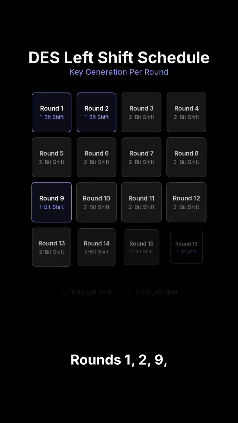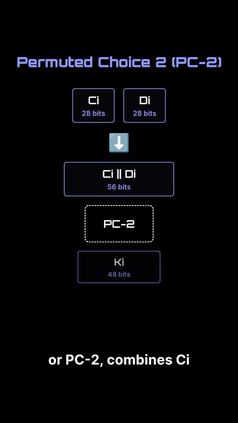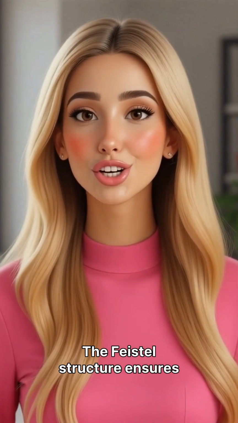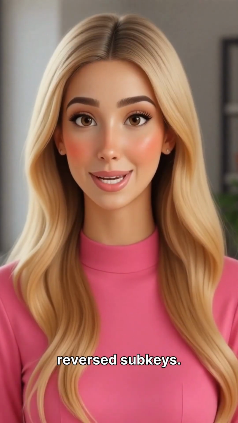Rounds 1, 2, 9, and 16 rotate by 1 bit, while all other rounds rotate by 2 bits, yielding Ci and Di. Finally, permuted choice 2, or PC2, combines Ci and Di, then permutes and selects 48 bits to form the round subkey Ki. The Feistel structure ensures decryption is simple, using the same algorithm with reversed subkeys.